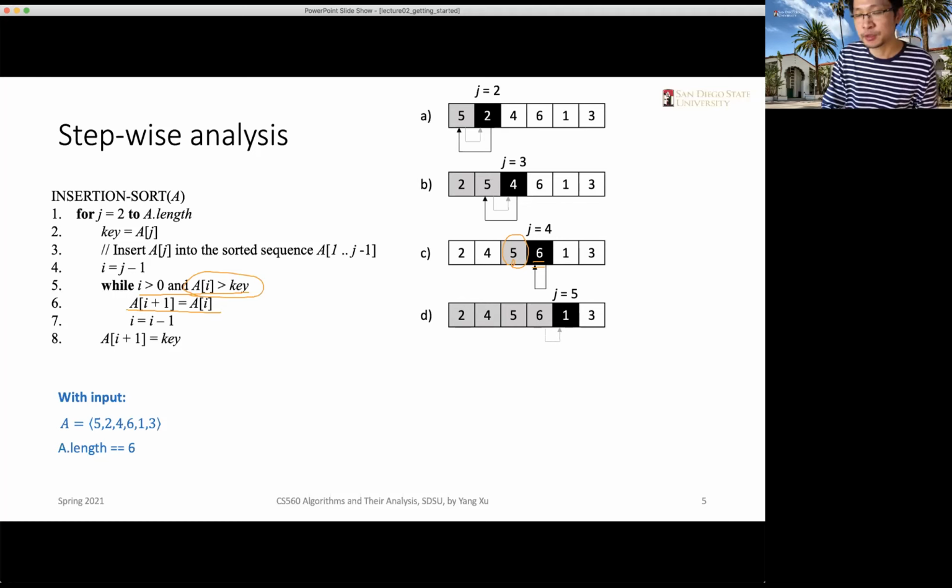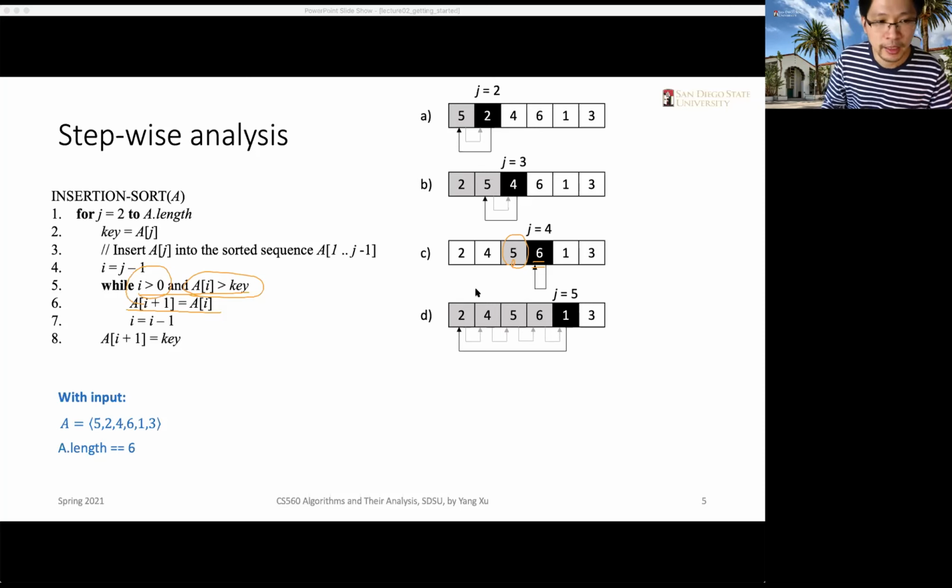Because 6 is greater than 1, it will be moved right to it, and 5 is bigger than 1, it will be moved one grid to the right, and so as to 4 and 2, until the last step is reached where the i hits 0, because this is another ending condition for the while loop.